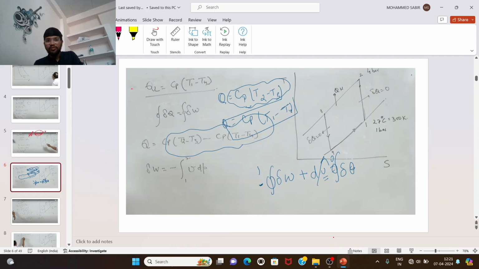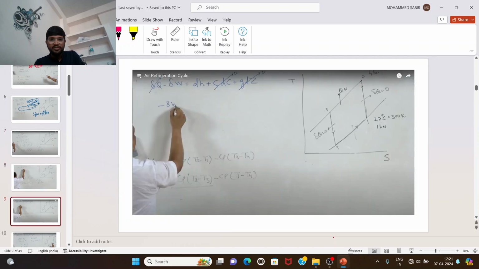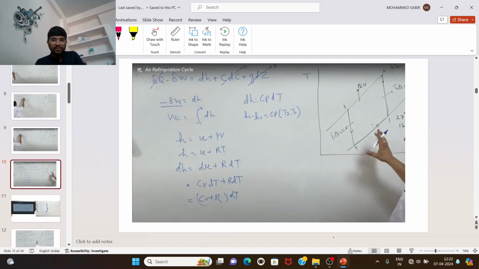But here we have a compression device, so we use a plus sign, dW = integral of 1 to 2 VdP, and you solve it and find the work done for the compressor: Cp(T2 minus T1).